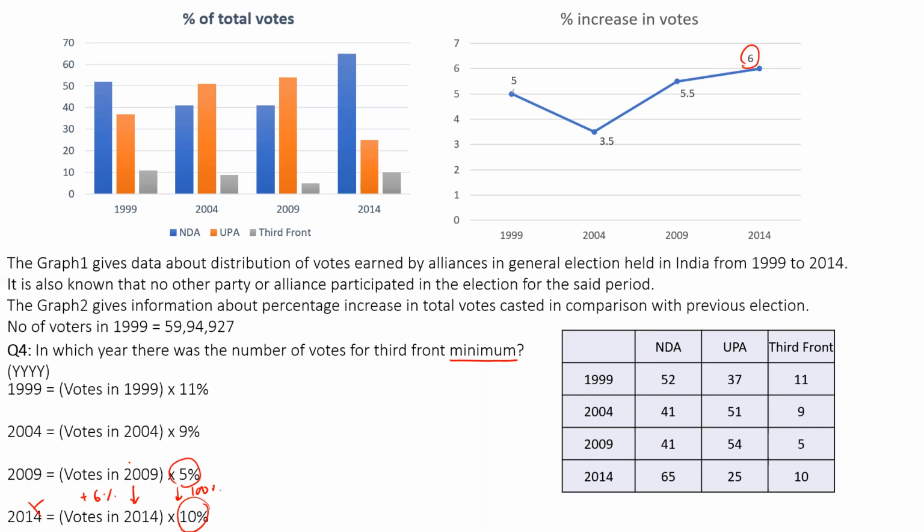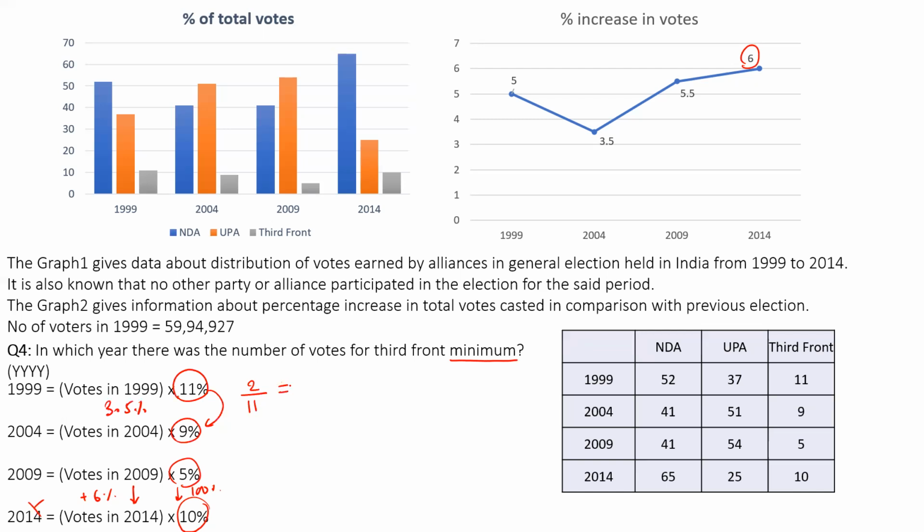Now, if you compare 1999 to 2004, the percentage increase here is 3.5%. Here the second number, the vote share, is going down from 11% to 9%. So there is a net change of 2% over the base value of 11.